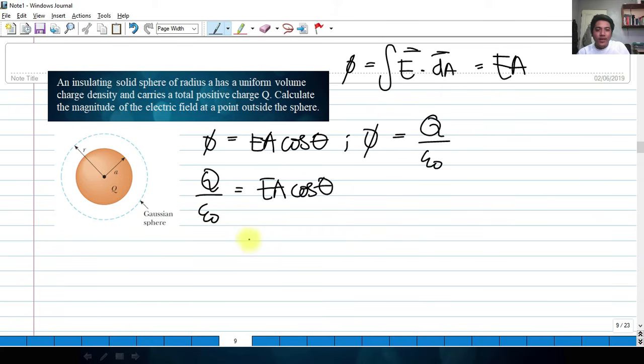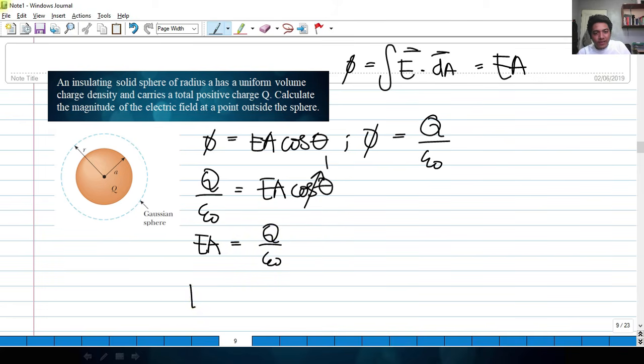Since this is cosine of theta, the theta here for the sphere is, again, what? 0 degrees. So cosine 0 is 1. Our formula is reduced to E times A equals Q over epsilon sub 0.